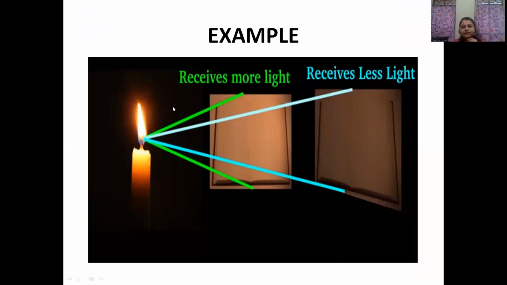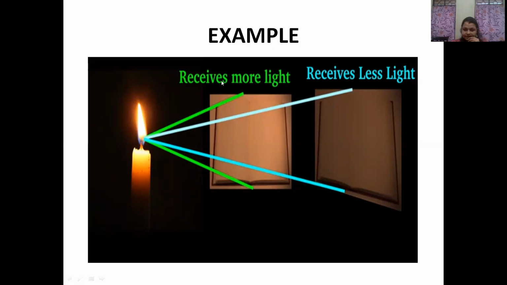Next example, we can see that there is a candle. Two books are present here. One book is near to the candle and another book is far away from the candle. So book number 1 receives more light than book number 2.